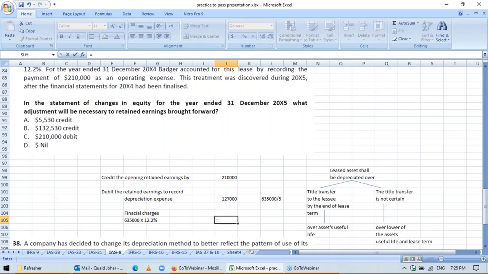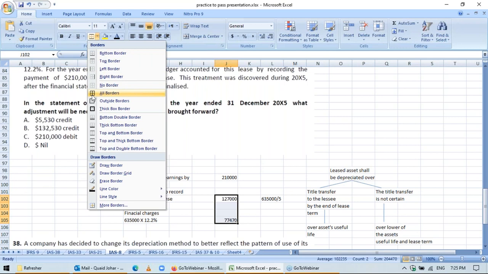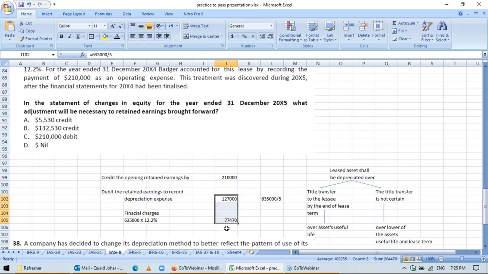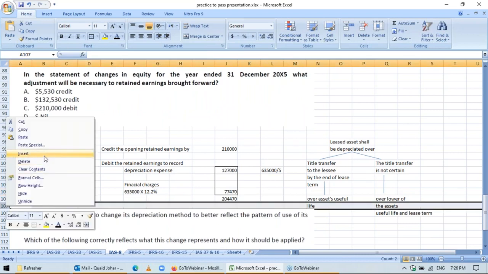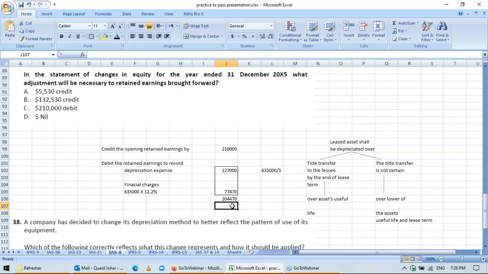So if the balance is 635,000, you will be paying an interest of 12.2% on it. This makes 77,470. So total debit in the previous year will be 127,000 and 77,470. And the credit will be of 210,000.